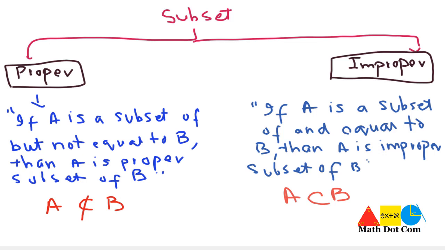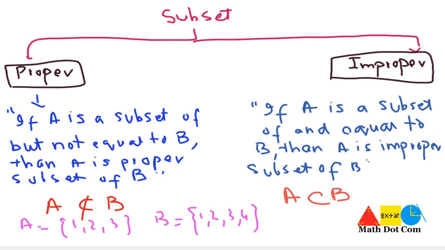Or I may take an example so that the concept is clear. A equals 1, 2 and 3 and B equals 1, 2, 3 and 4.